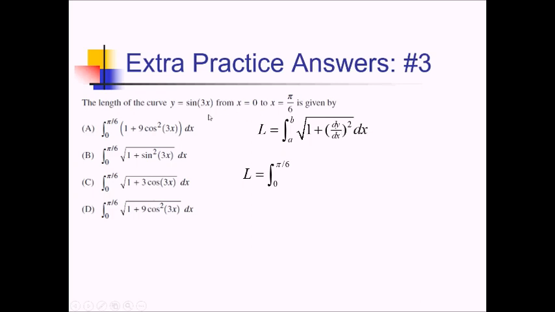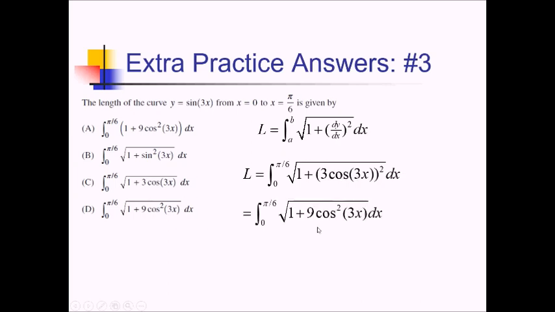Derivative, using our chain rule, that's going to be 3 cosine of 3x that I'm squaring in there. And I'll clean this up a little bit to match one of the answer choices. So if I'm squaring this expression, I really got 9 cosine squared of 3x. And that's going to be answer choice D.